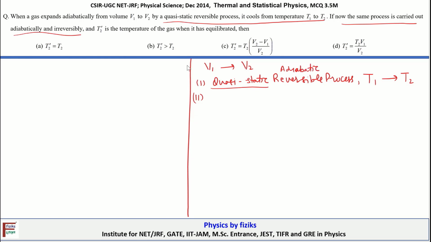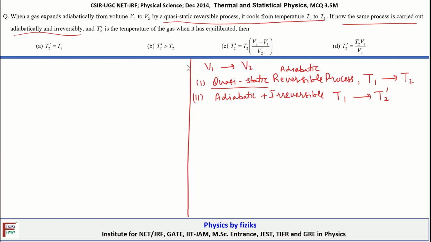In the second case, again it is an adiabatic and irreversible process, and the temperature goes from T1 to T2 dash. But the volume changes from V1 to V2 in both cases.